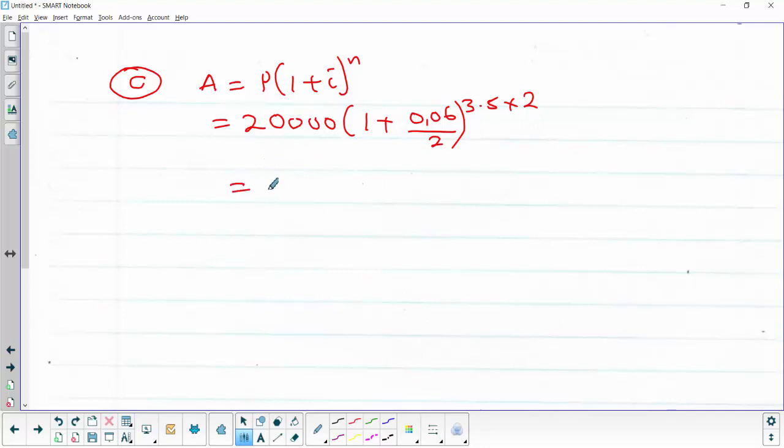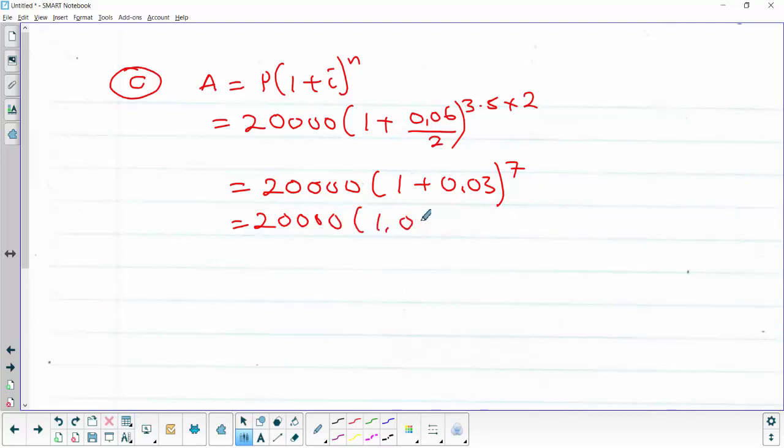So we are going to have 20,000 into 1 plus 0.03 raised to power 7. This is 20,000 into 1.03 raised to power 7. When we evaluate this one, we get 24,597.48.